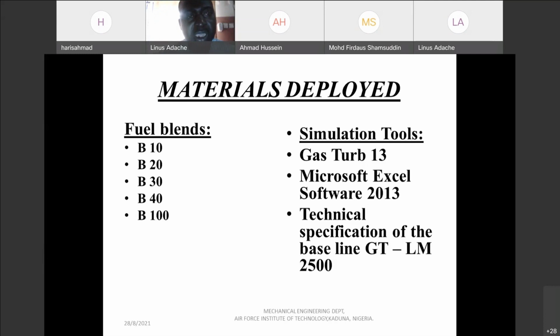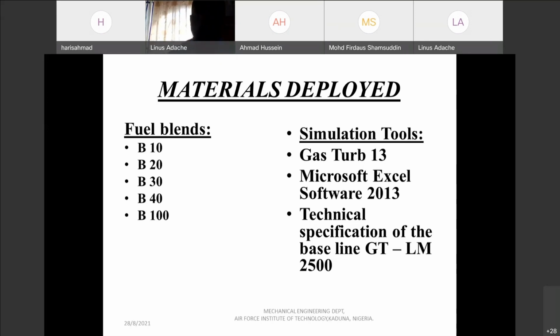B30, biodiesel 30%, conventional diesel 70%. B40, biodiesel 40%, conventional diesel 60%. Lastly, B100, that's 100% biodiesel.